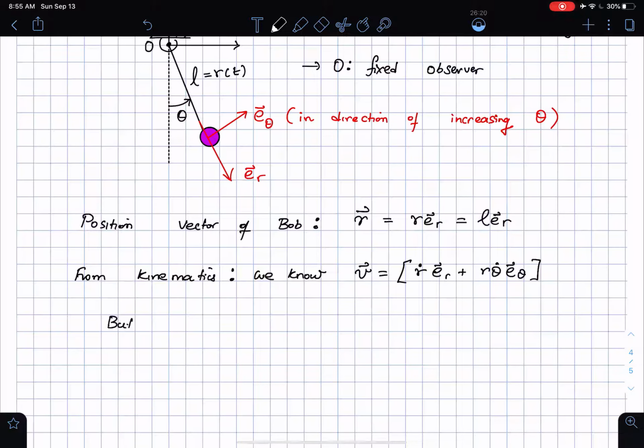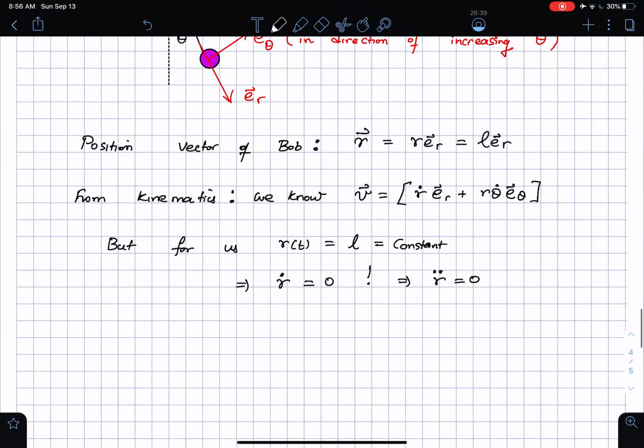But for us, r of t is going to be L, which is a constant, which means that r dot is going to be 0. And this also implies that r double dot, if you look at acceleration, is going to be 0. So the velocity is going to be 0 e_r plus L theta dot e_theta, or velocity is L theta dot e_theta.